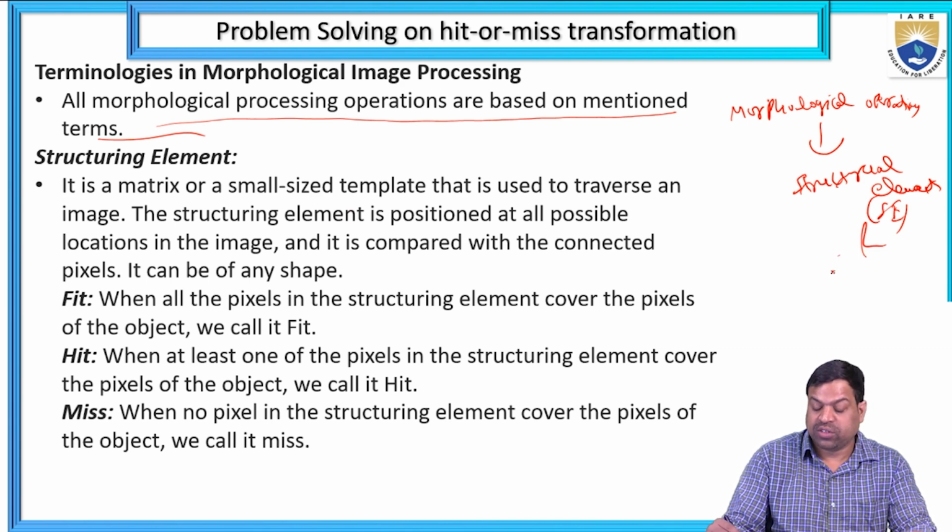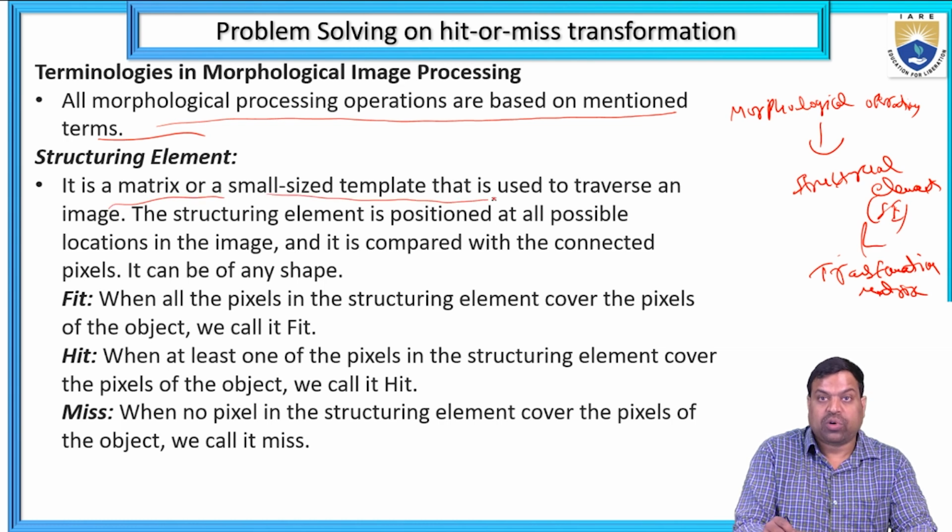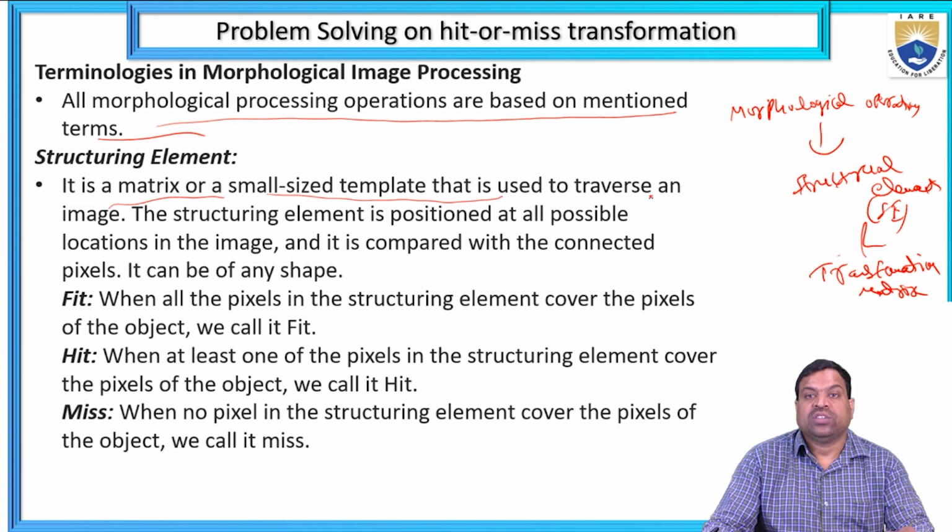So the structuring element, with a transformation matrix. So the matrix, a small-sized template, is used to traverse an image. The structuring element is positioned at all the possible locations in that image and is compared with the connected pixels. It can be of any shape.